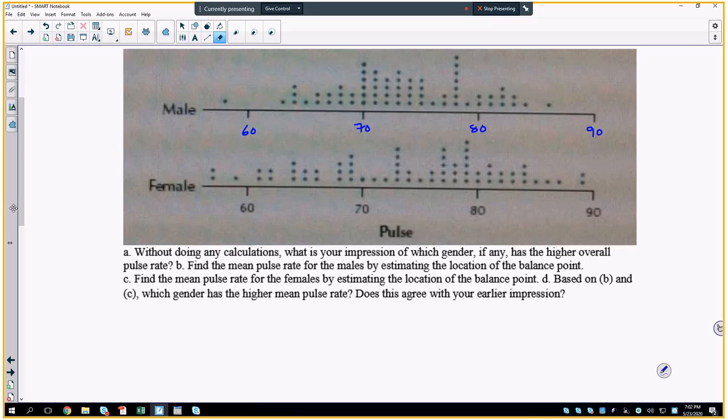It looks like maybe the females have the highest overall pulse rate. The mode of the distribution for females is here, which is further to the right than the mode for the males. And it looks like in general there are more data points for the females over on this side. So maybe in general, the females. But without doing a little investigation, it might be a little hard to tell.